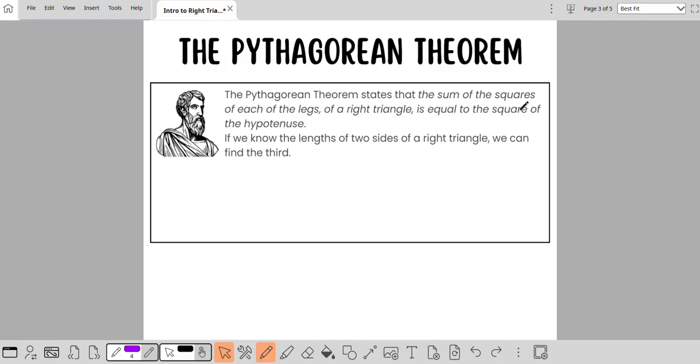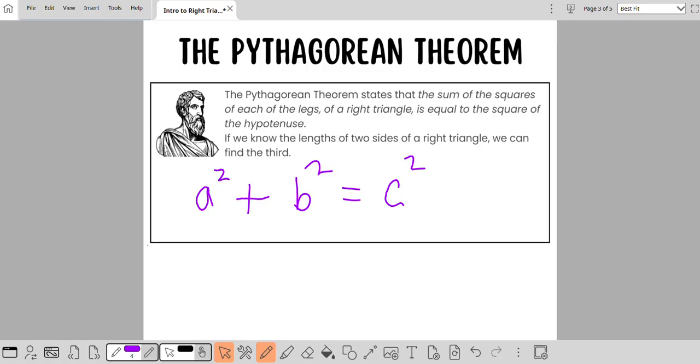What it's saying is that the sum, sum means plus, of the squares of each leg, well, our legs are A and B, and now we're going to square them, is equal to the square of the hypotenuse. Well, hypotenuse is C, and we're going to square it.